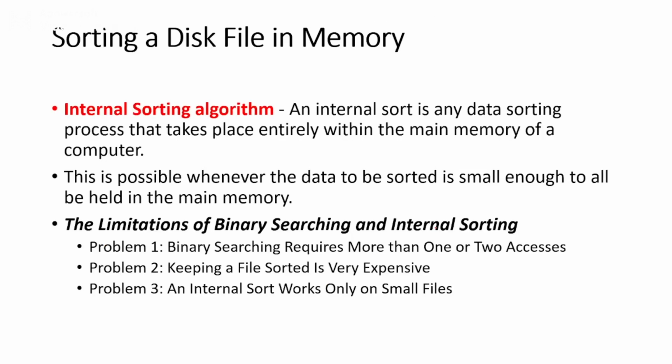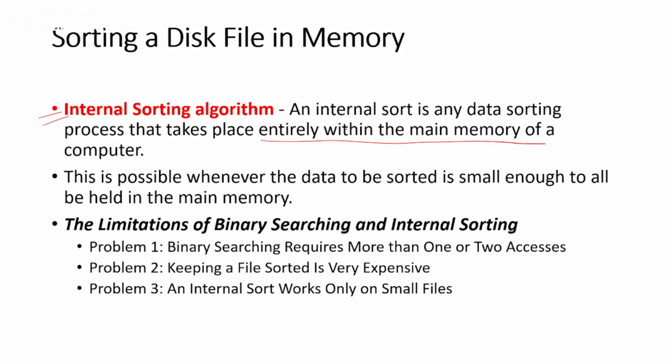But the thing is, if we go for binary search, your list of records needs to be sorted. So we have a particular algorithm for this. We call it the internal sorting algorithm. An internal sort is any data sorting process that takes place entirely within the main memory of the computer.